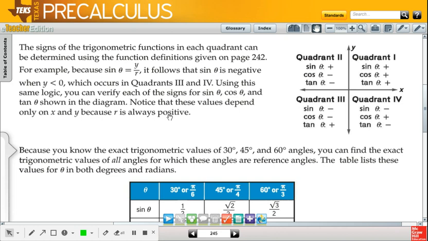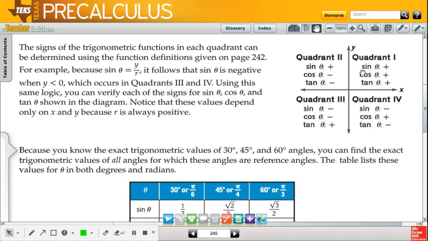Now, the diagram on the right, talking about quadrants 1, 2, 3, and 4, tells you, for the three main functions sine, cosine, and tangent, if the terminal side lies in each respective quadrant, what the sign of each function is. So, quadrant 1, all three will be positive: sine, cosine, tangent.